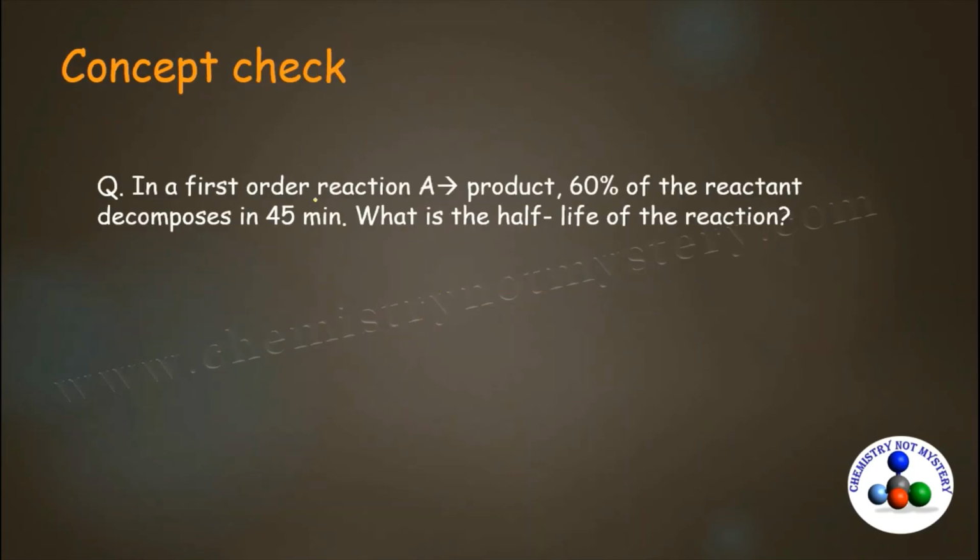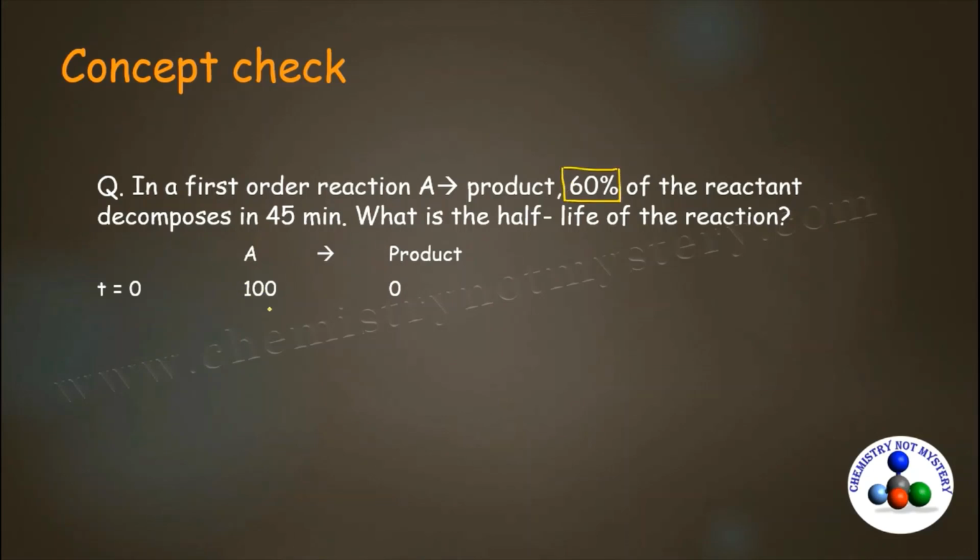So let's try to solve one question based on it. In a first order reaction in which A converts into product, 60% of reactant decomposes in 45 minutes. What is the half-life of the reaction? So first write down what is given in the question. Here A converts into product. Initially at time t is equal to 0, concentration of A can be considered as 100 because here it is given in percentage.